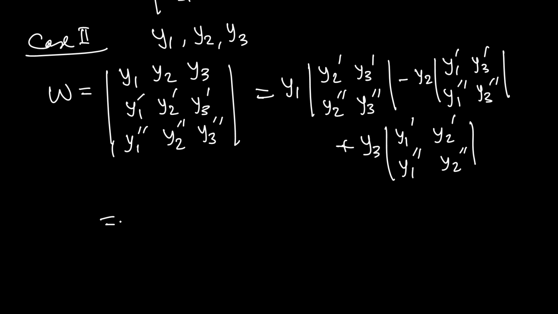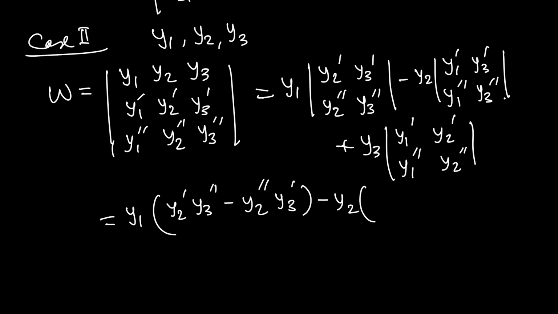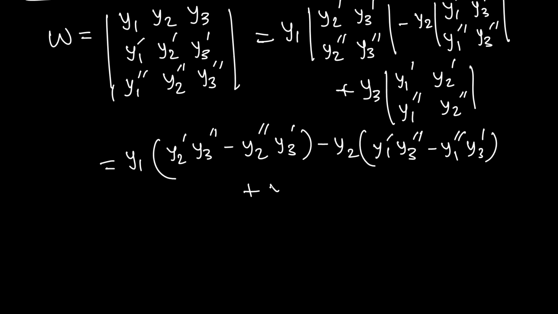So this will be y1, we just multiply this way, y2 prime y3 double prime, minus this way, y2 double prime y3 prime, minus y2 times this way, y1 prime y3 double prime minus y1 double prime y3 prime, plus y3 this way, y1 prime y2 double prime minus y1 double prime y2 prime.